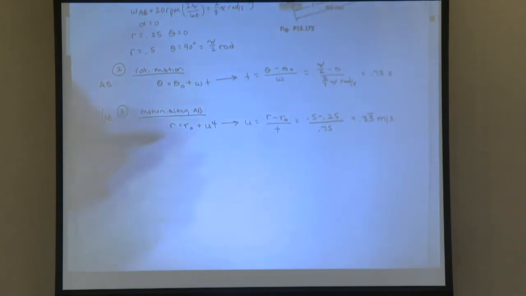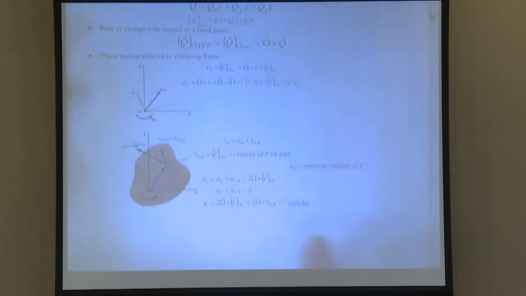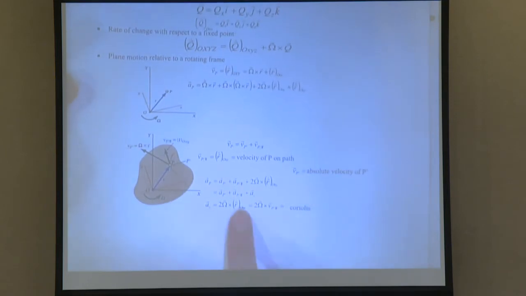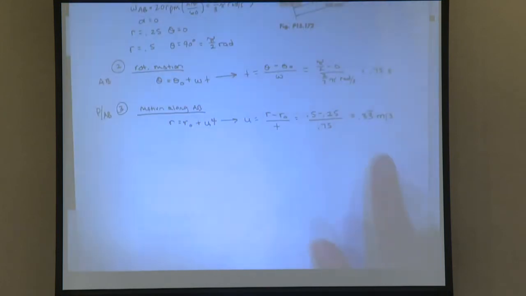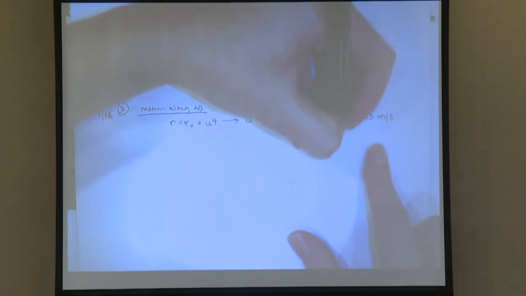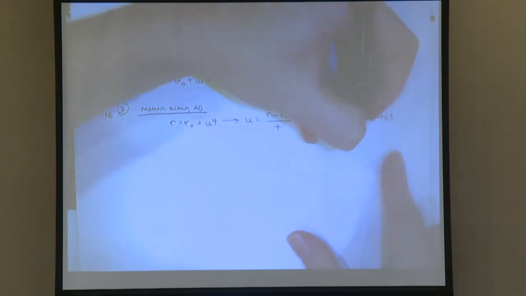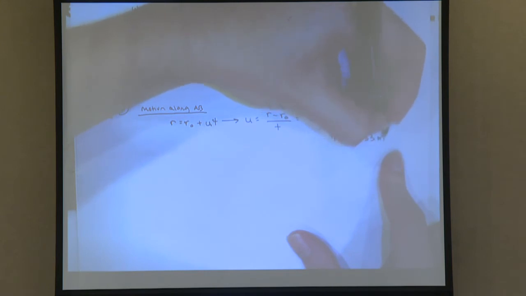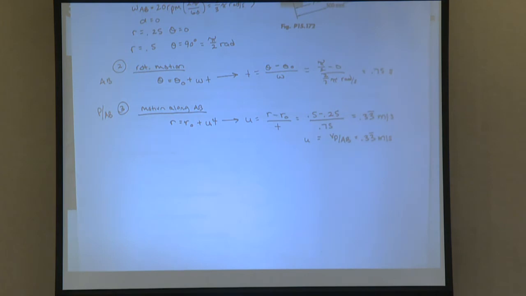If you look at the textbook, these equations get really confusing really fast. But do you guys remember this lovely stuff? This is what we're doing right now. So this velocity that we just found is the velocity of point P relative to AB, or you can just leave it as u, whatever you want to do with it.